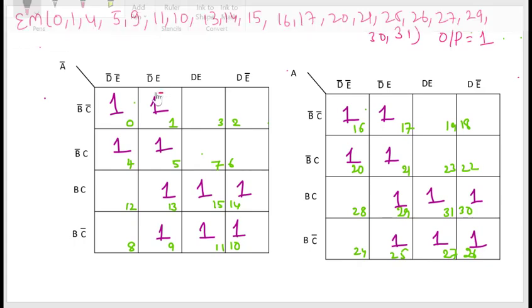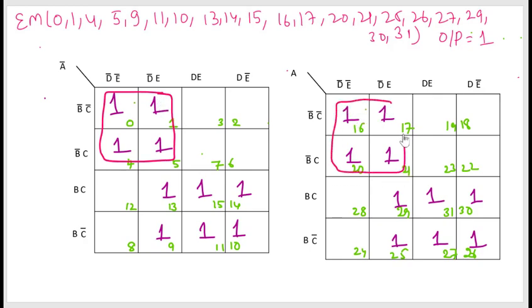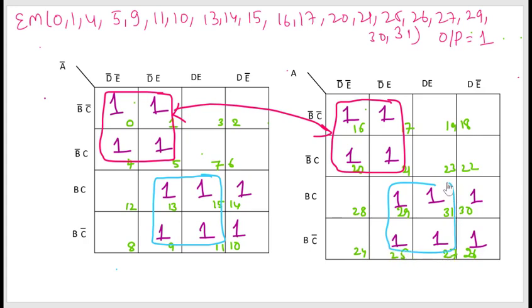So now these 4 ones and these 4 ones are identical in location in both the blocks. That means these two can form an octet. And similarly, these 4 ones and these 4 ones form an octet. Now we are left out with 2 ones here, 2 ones here.